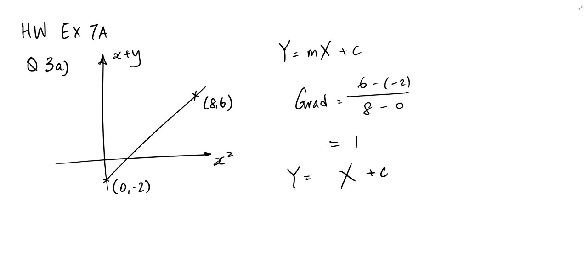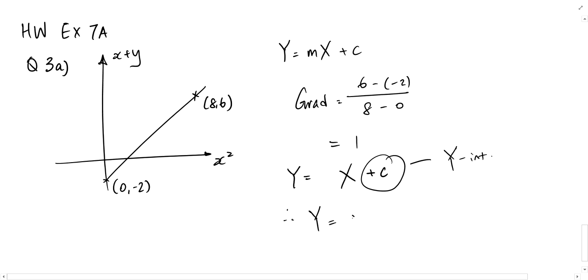This C over here represents the big Y intercept, right? Do we already have it from the graph? So actually we don't need to sub already. What is the value of C? -2, yeah, you're right, be more confident. So we have big Y equals to X minus 2. This is our C. It is our big Y intercept. Even if you substituted the values in, you'll still get the same thing.